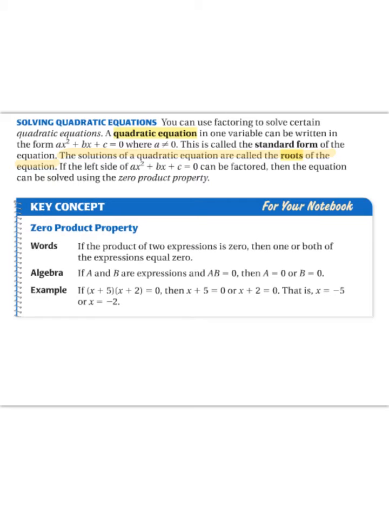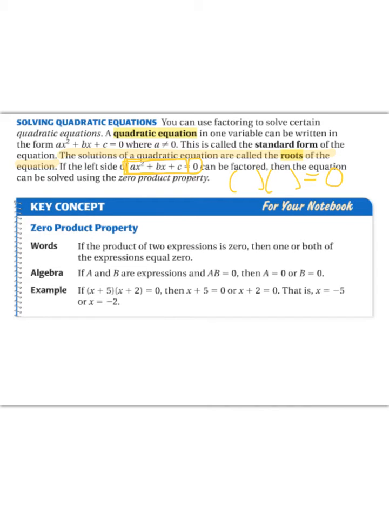So if we have a quadratic in standard form and we let y equal 0, and we can factor that quadratic into two binomials, then we can solve for x, and we're going to get two different x values, and those are the roots. In other words, those are the solutions.